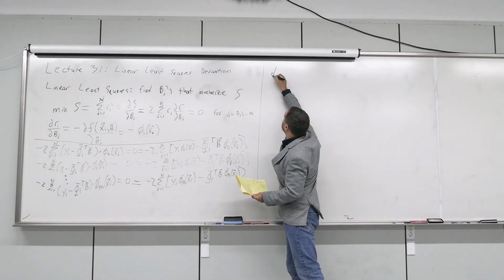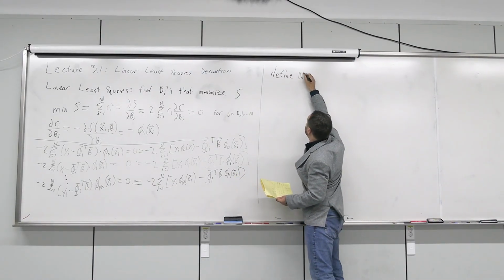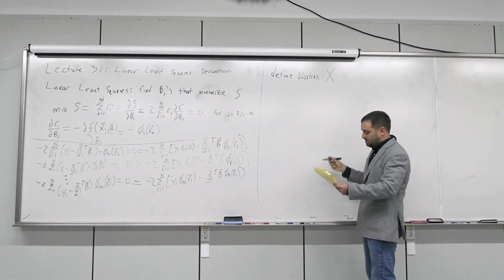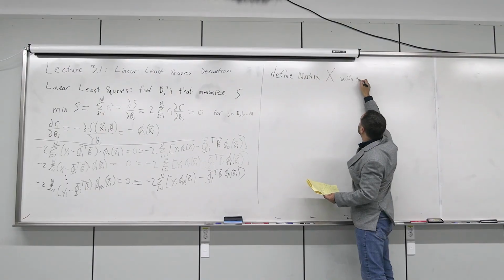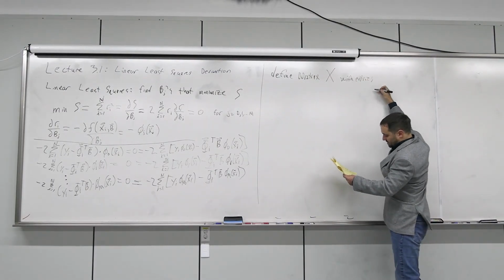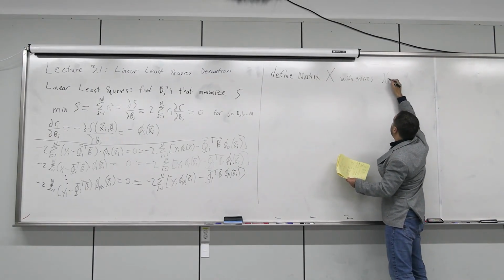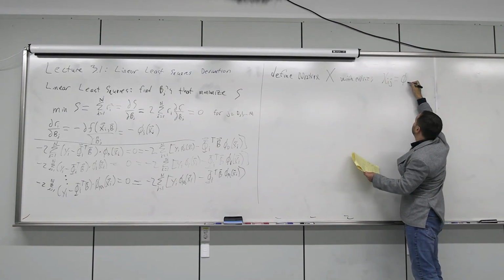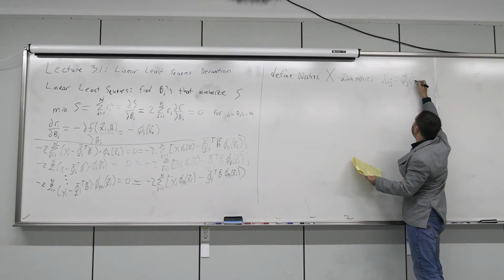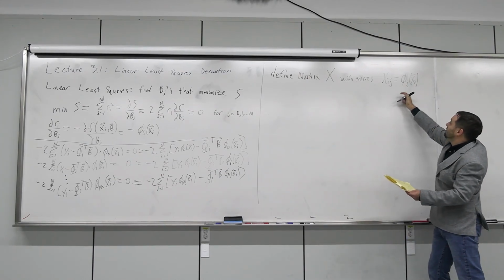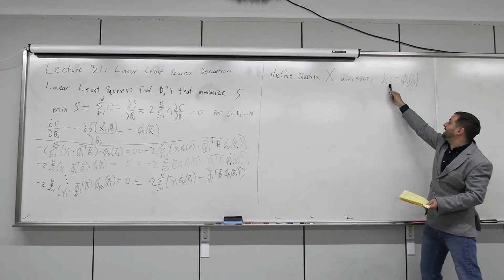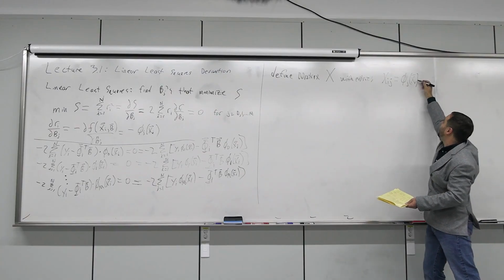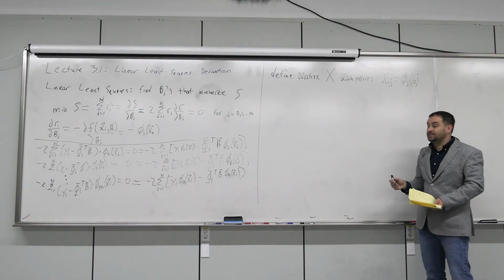Next we're going to define a matrix, I'm going to call this the X matrix, with entries x_ij equals the regression function j evaluated at input i. So the entries x_ij are the regression function j evaluated at our sampled input i.